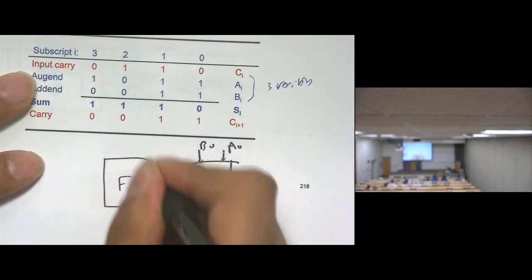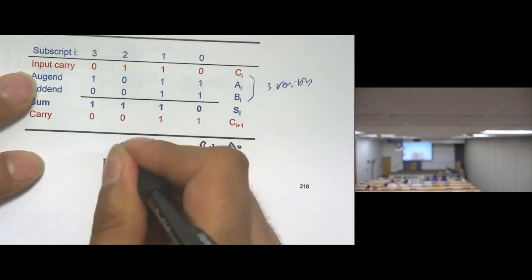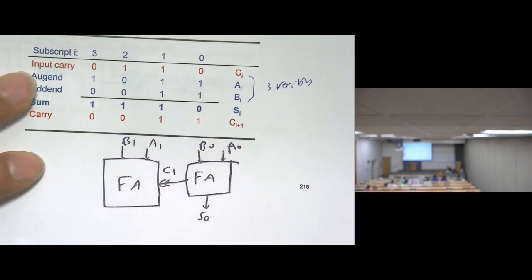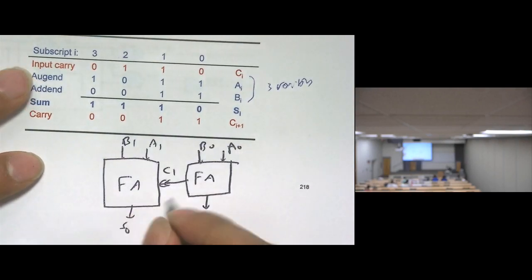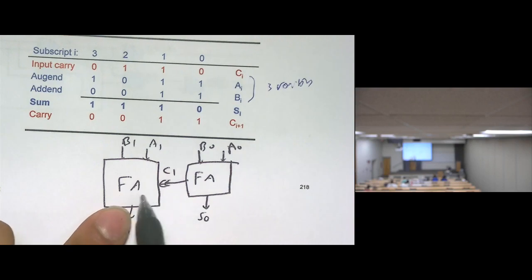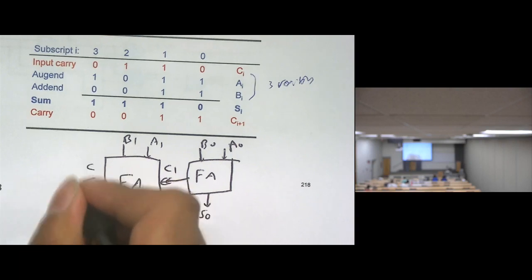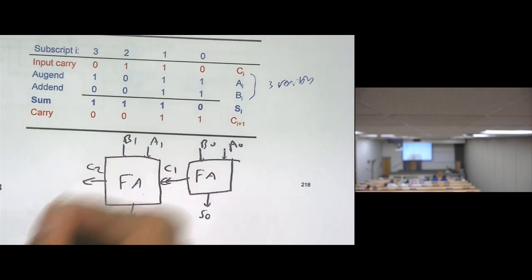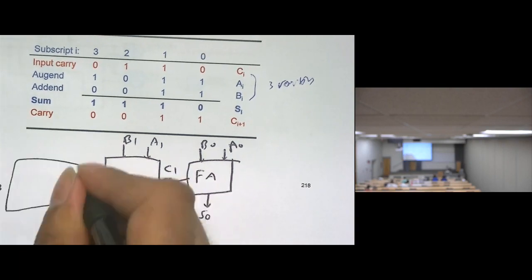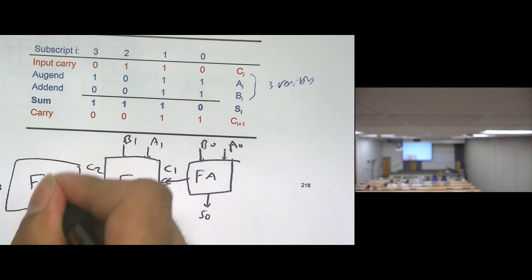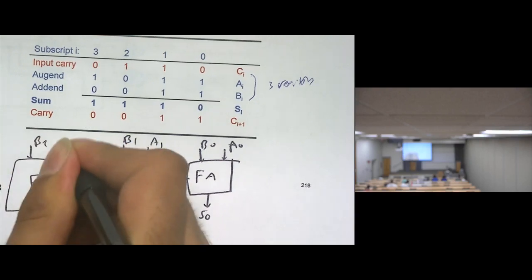Here is a full adder. Here is A1, B1. Here is sum 0. And I'm letting carry 1 go into the full adder. Then we have here a carry. Here is S1, I'm sorry. Here is carry 2. Full adder. Here is B2, A2.